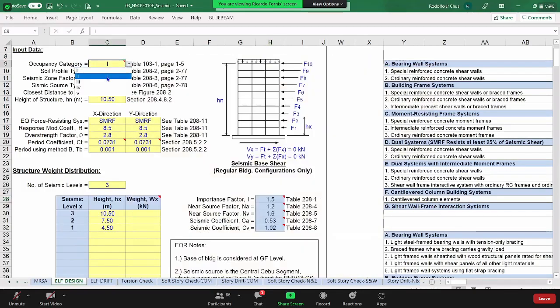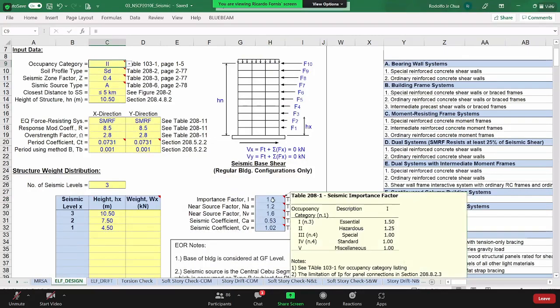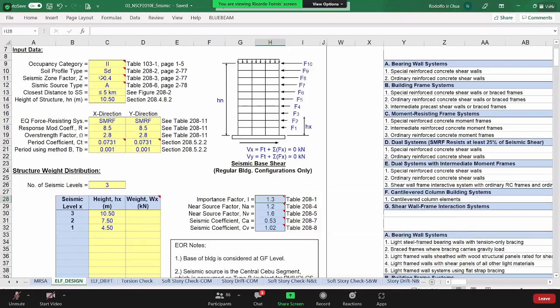If it's category 2, it should be 1.25. And then for special, standard, or miscellaneous, the importance factor is just 1. I'm just going to go back to category 4.